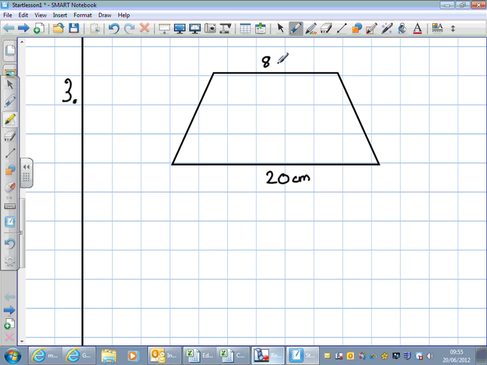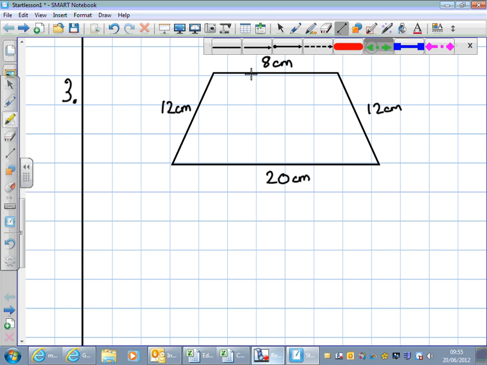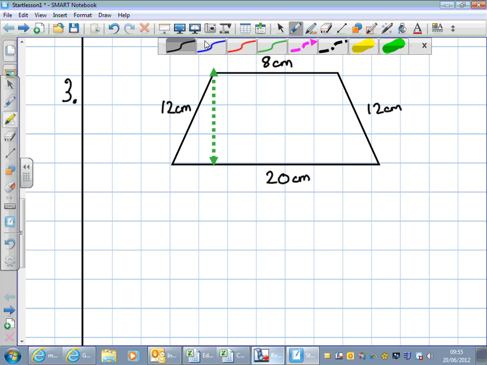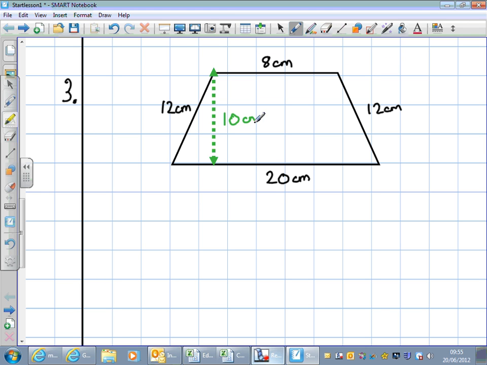Again, it's not to scale. Give me a moment to copy it down.